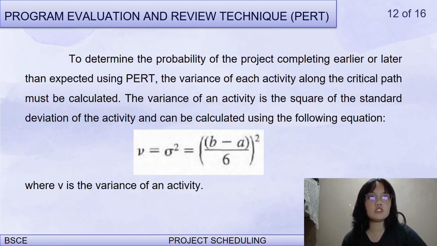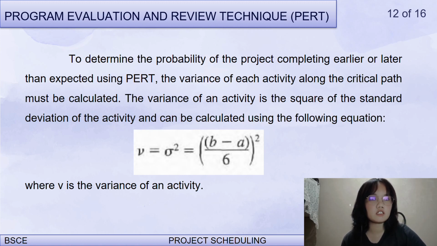Next slide is to determine the probability of the project completing earlier or later than expected using PERT. The variance of the activity along the critical path must be calculated. The variance of an activity is the square of the standard deviation of the activity and can be calculated using the following equation.